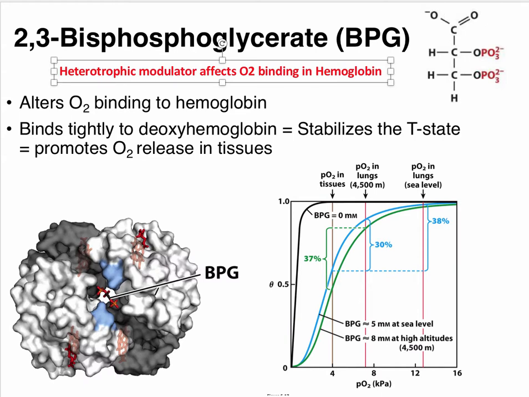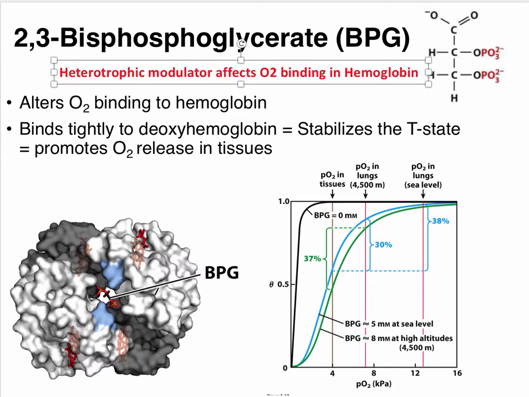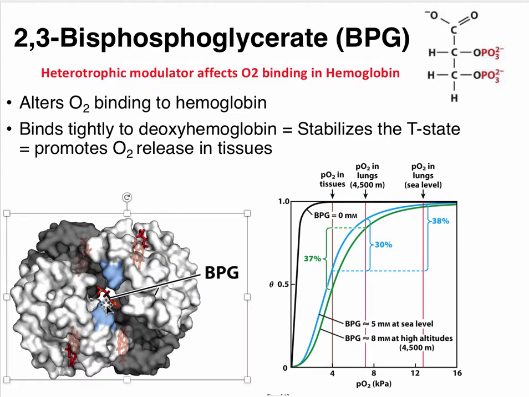What this small molecule does is it binds right in the center cavity of hemoglobin. So here's our hemoglobin quaternary structure with the 4 subunits, and 2,3-BPG, or 2,3-bisphosphoglycerate, binds right in the central cavity of the T state.